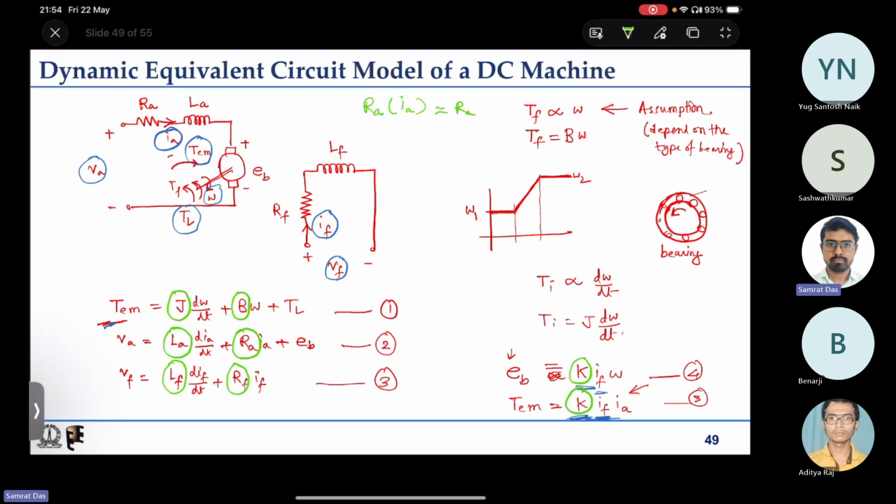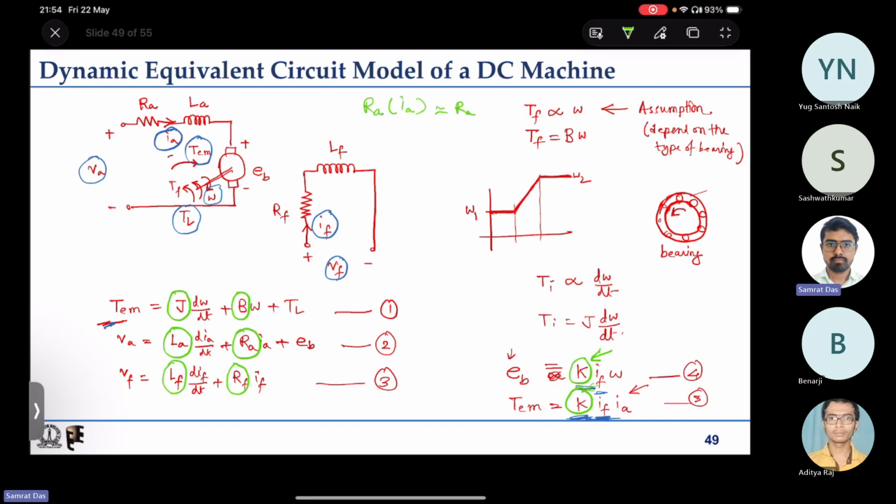If we go through the derivations, as is well discussed in books, the K that relates the induced EMF to the product of field current and speed, and the K that relates the torque to the product of armature current and field current, their units are different, but quantitatively that number is the same. So I have indicated these two as the same constant K.